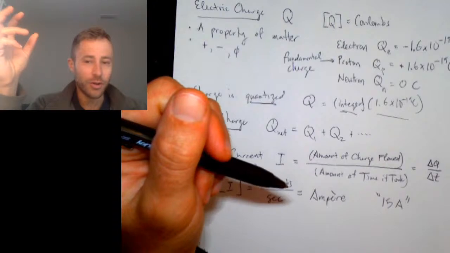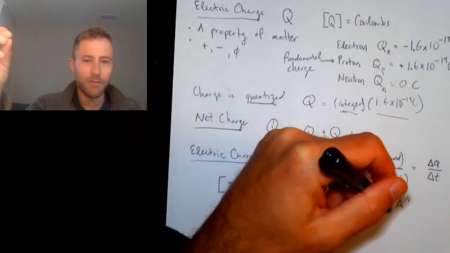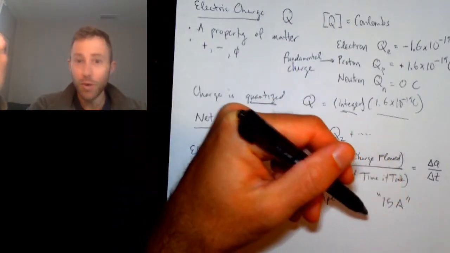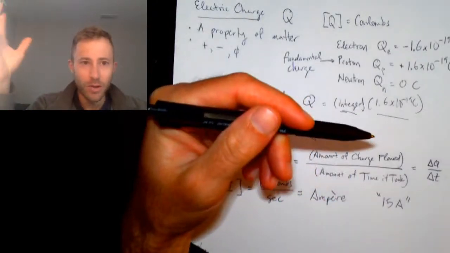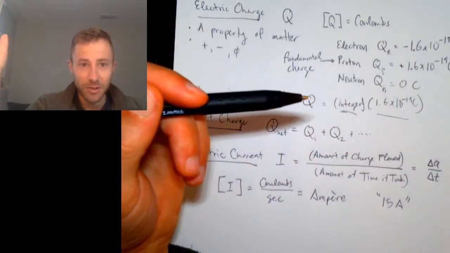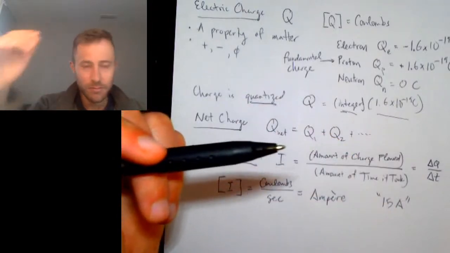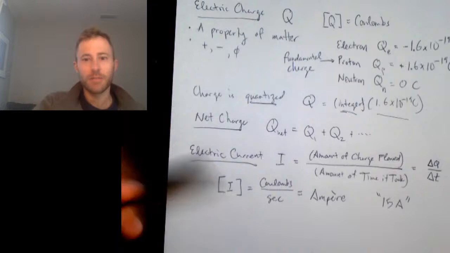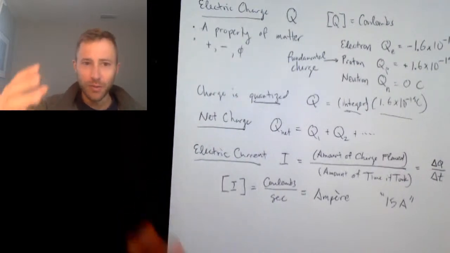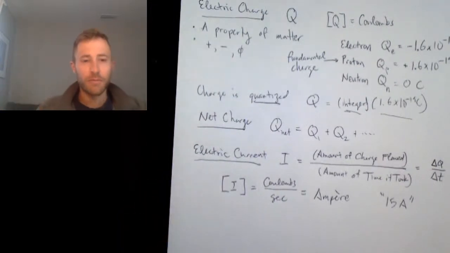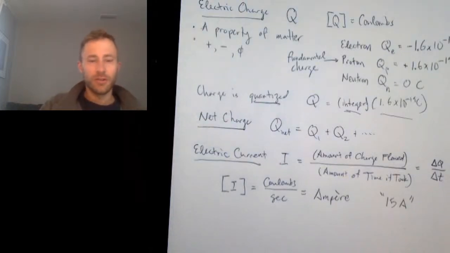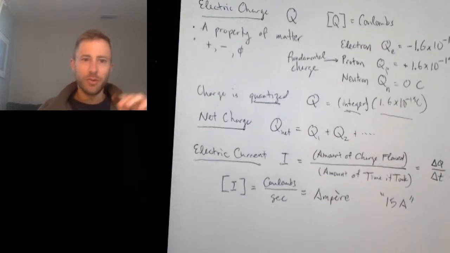So you have fuses that might allow 20 amps for 1 second, but if you go above 15 amps for more than a second, it's going to cut the flow of electric current. And other times, if you have really sensitive stuff, then it's going to immediately cut the flow of electric current. So there are different speeds at which fuses will trip.